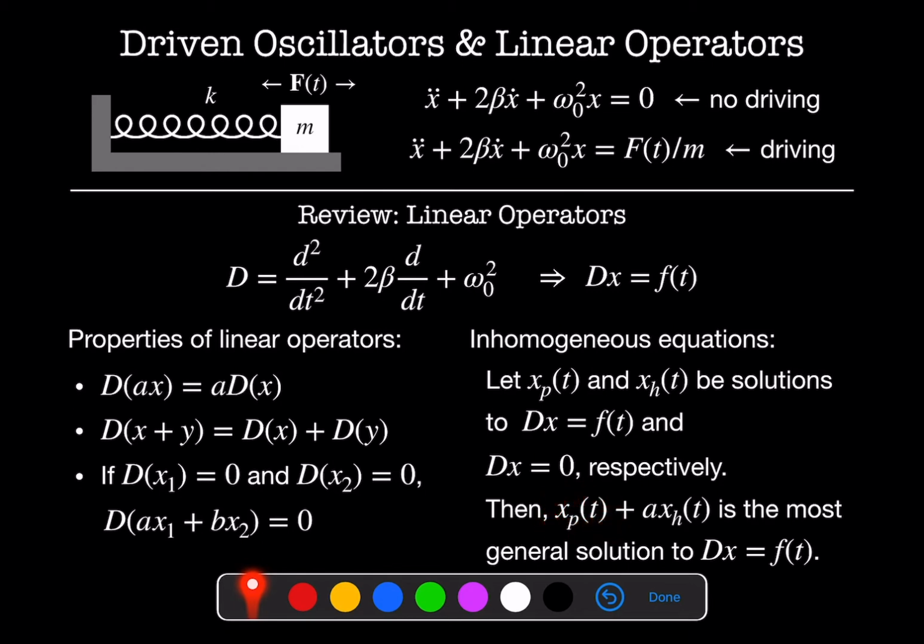If I were to do that, imagine I had A times x_p of t. That means that this is going to be equal to A times D acting on x_p. And if I go over to my function here, that means I have A times f of t. And that's not the equation that I was trying to solve. That is a multiple of the equation I'm trying to solve. So that's why we can't have a constant acting on x_p.